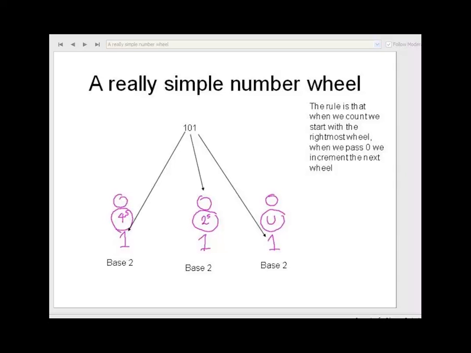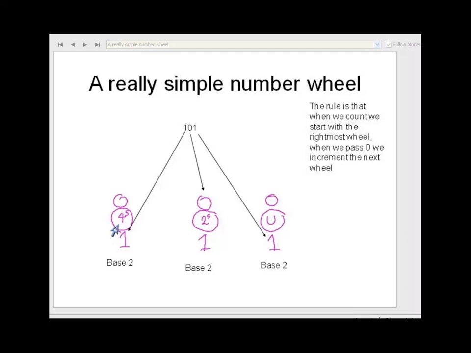Now with this very simple wheel, it goes up. The first wheel is units. The first wheel is always units in all numbering systems. That's worth onesies. The second wheel is twoses. Everything in this wheel is worth 2. It's the twoser column. The third wheel is the fourses.